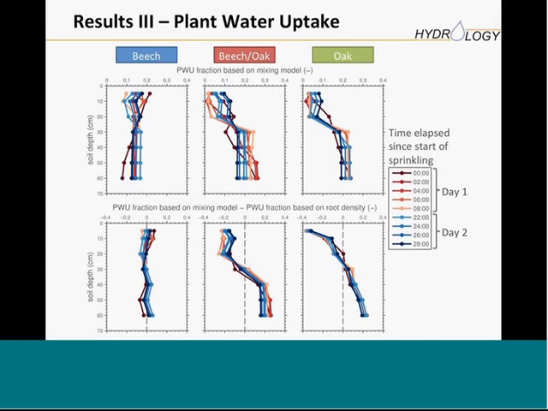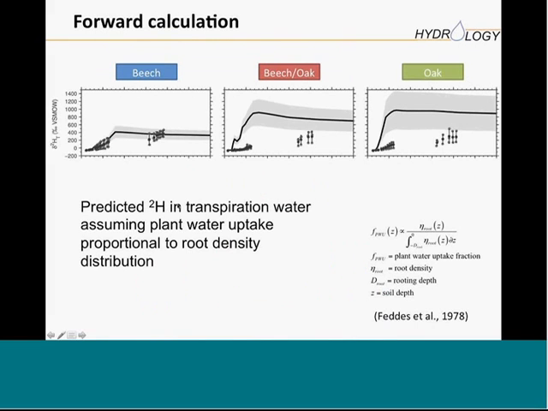This we can also see if we look at doing a forward calculation. So what we did here, we just assumed that the root water density, as for example proposed by Feddes, is proportional to the plant water uptake fraction.